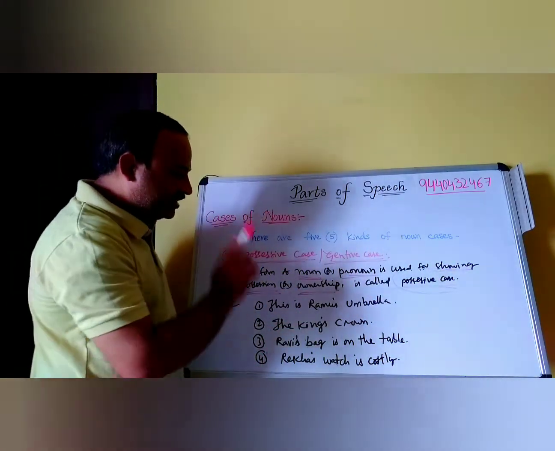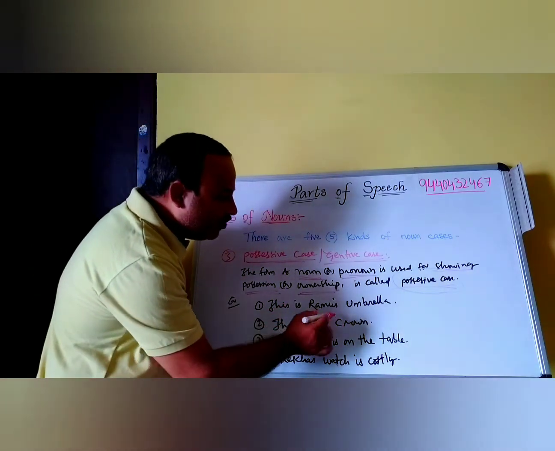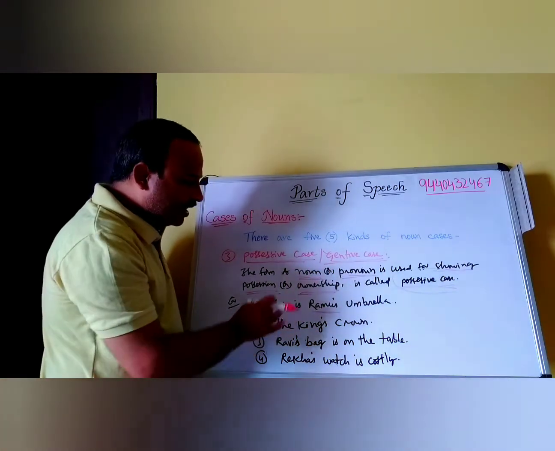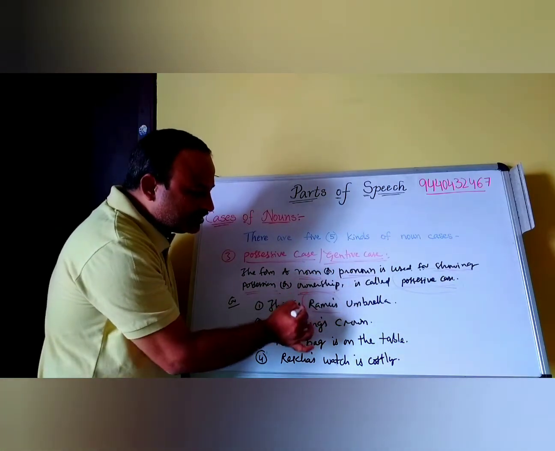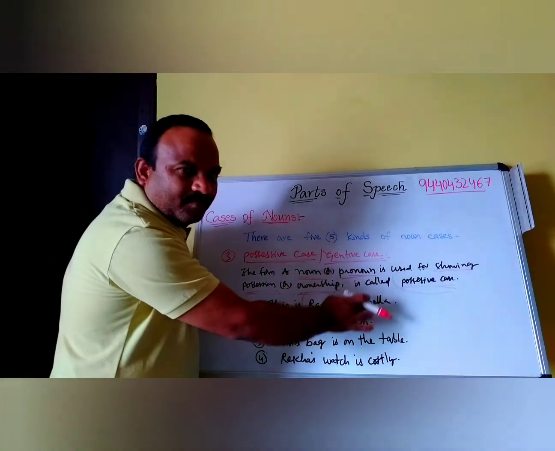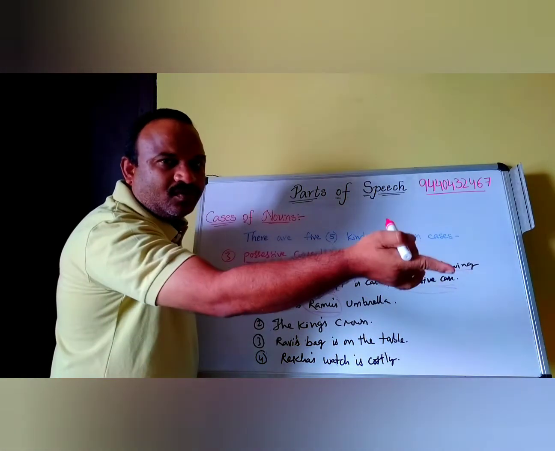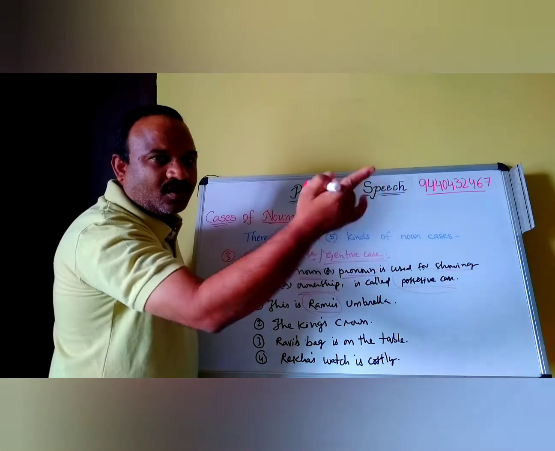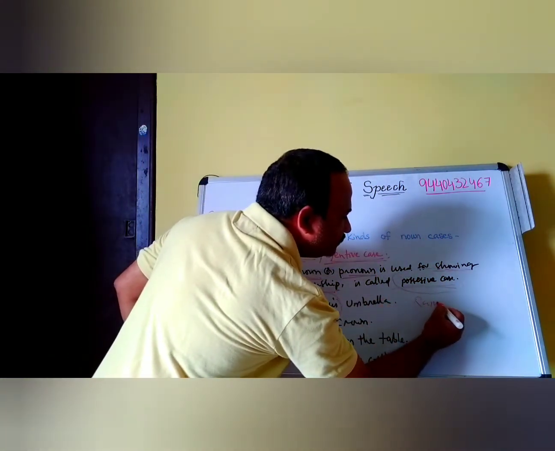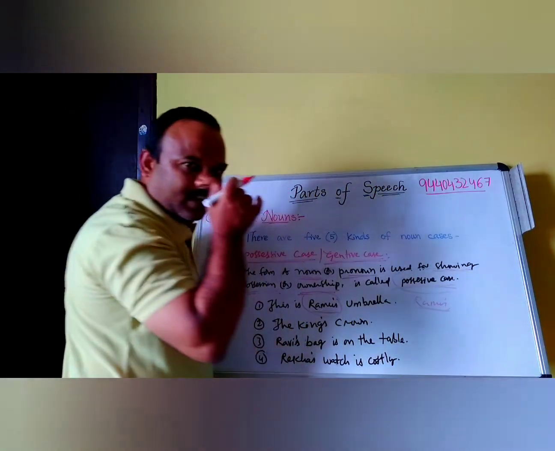For example, this is Ramu's umbrella. Whose umbrella is this? Ramu's. So here Ramu's is in possessive case.